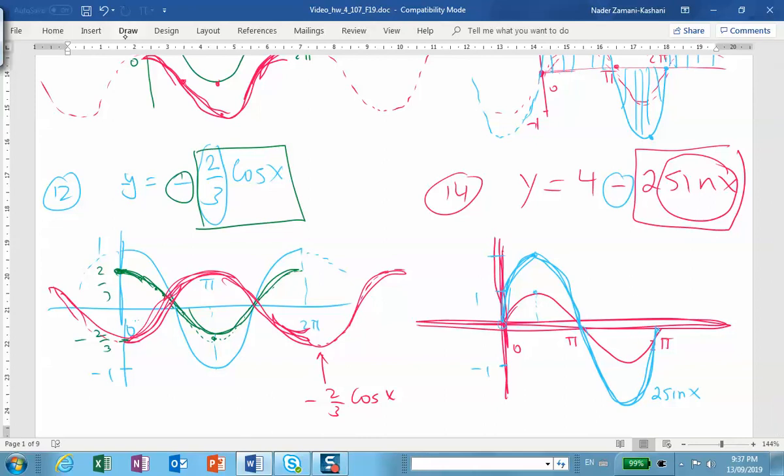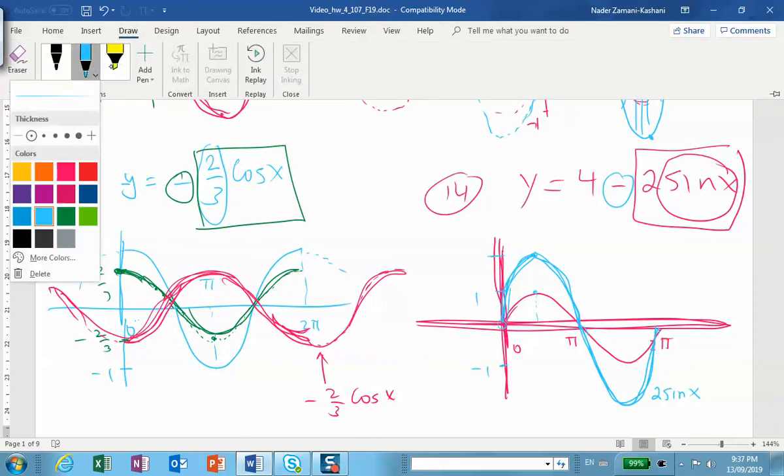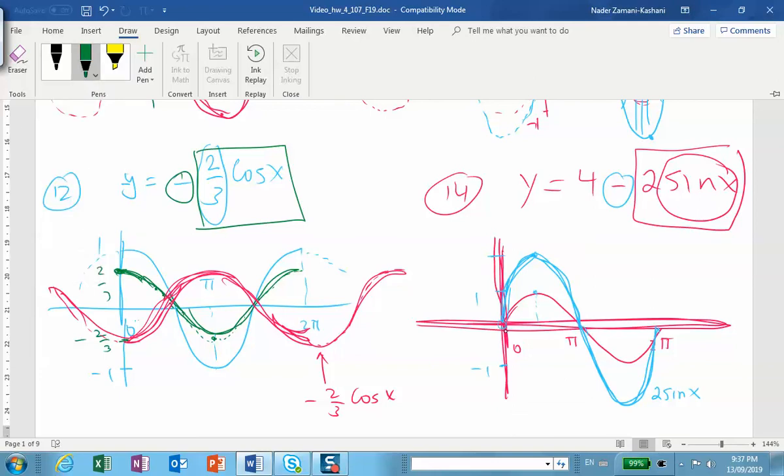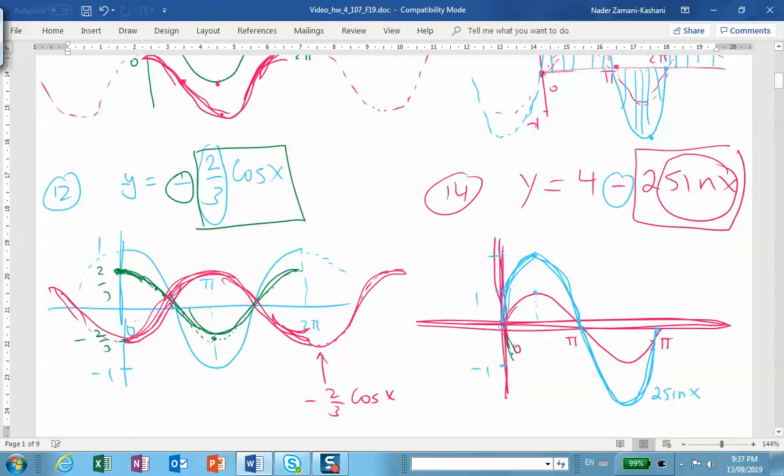The green one is going to be the mirror of the blue one with respect to the x-axis, like this. This green one is minus 2 sine of x.